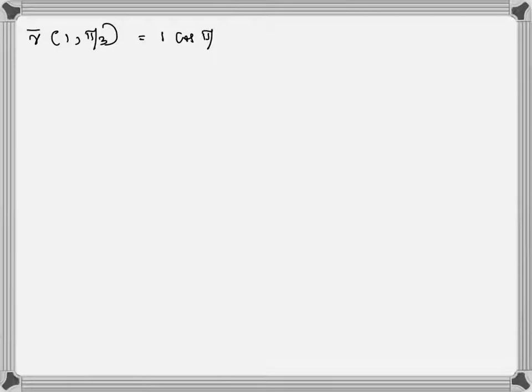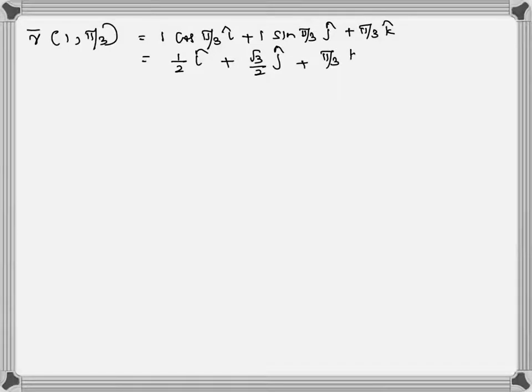If you substitute u = 1 and v = pi/3 into r(u,v), we get 1 cos(pi/3) i + 1 sin(pi/3) j + pi/3 k. This gives us the vector 1/2 i + root 3/2 j + pi/3 k.